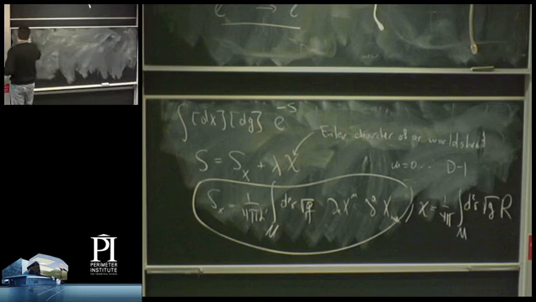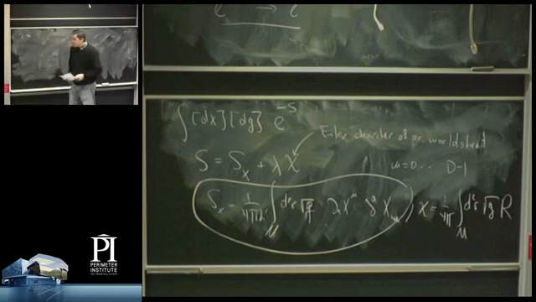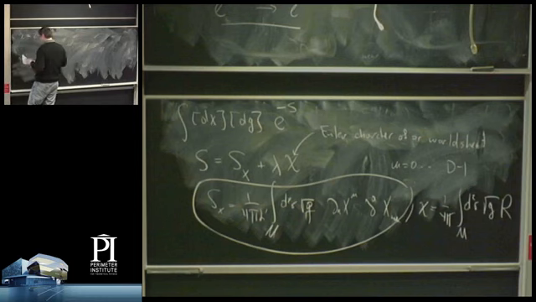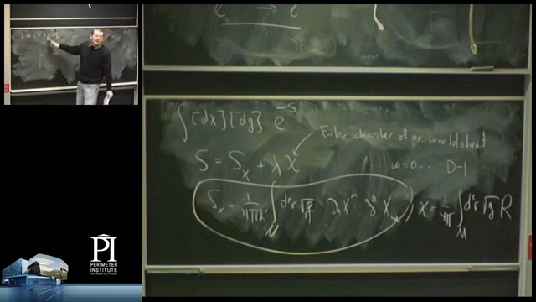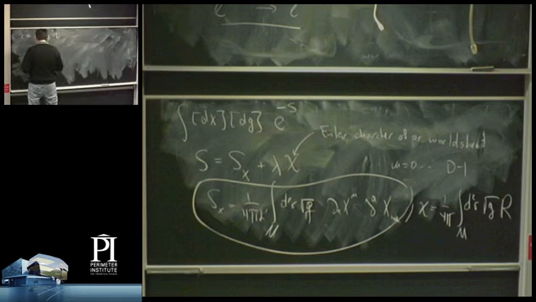In the case of two-dimensional surfaces, the Euler character is given by 2 minus 2g minus b. Here g is the genus of the surface. It tells you how many handles you have, so g is the number of handles.